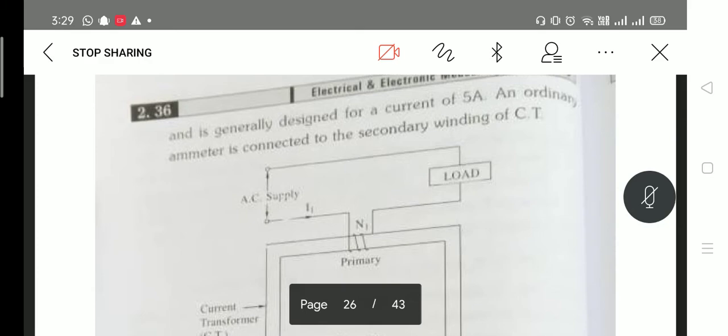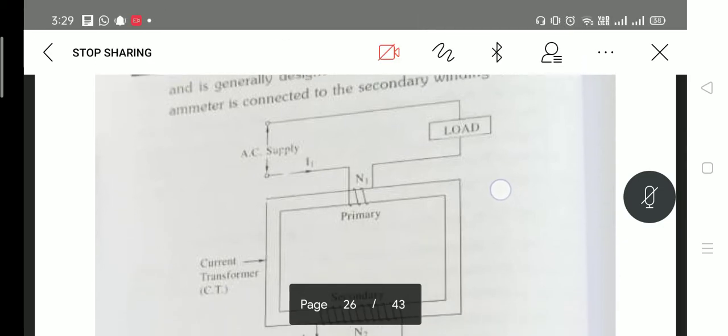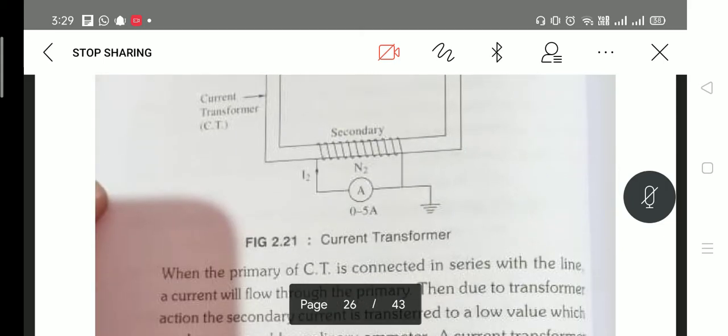In this design, the current transformer is generally designed for a current of 5 amps. Here we connect one ammeter on the secondary side, which will measure from 0 to 5 amps.